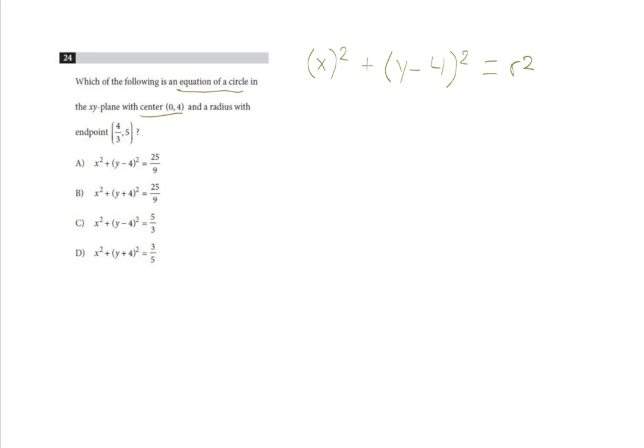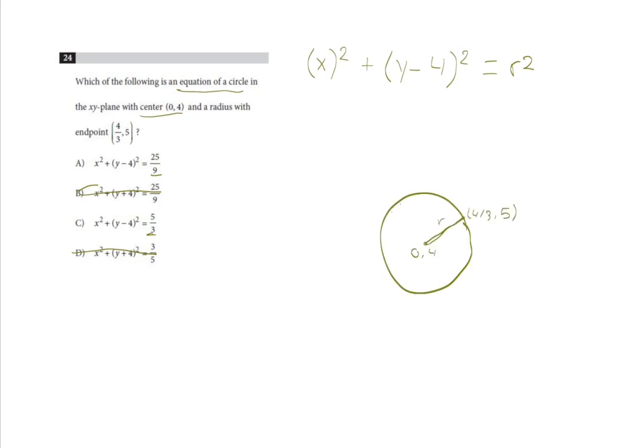But what I can already do is eliminate option B because it has this y plus 4 squared here. And I can go ahead and eliminate option D as well. Now at this point we just got to pick whether it's A or whether it's C. And to do that we need to figure out whether it's this radius squared or it's this radius squared. So let's think about doing that.